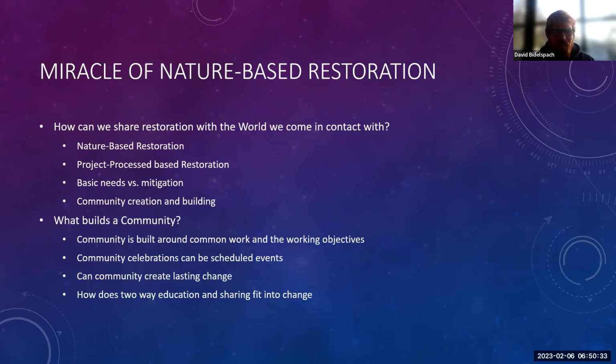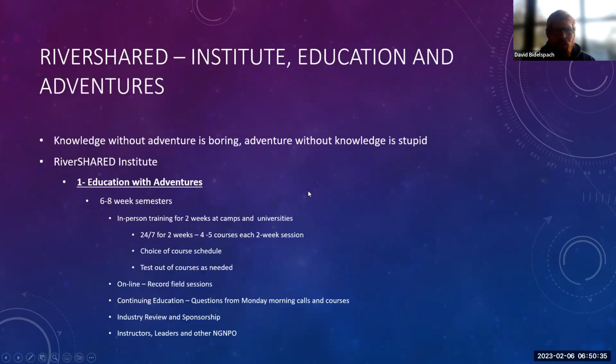With this, a couple of concepts that we've been tossing around is this idea of a River Shared Institute, education and adventures. Years ago, a friend of mine talked about wanting to create a university for river restoration. You create a university system and then people would come through there.